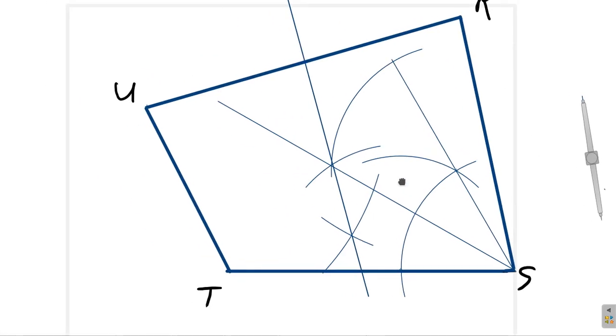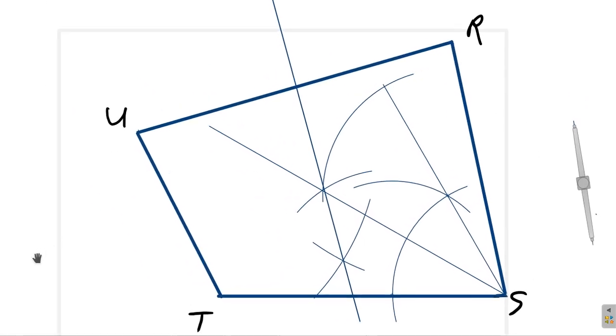So here now, you have our two lines: the perpendicular bisector to UR and the 30 degrees angle here. So where they intersect is where L will be.